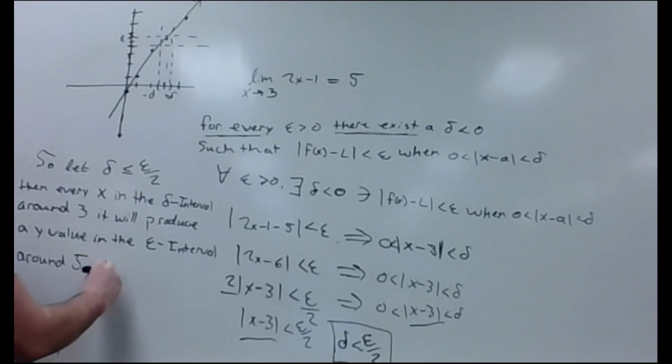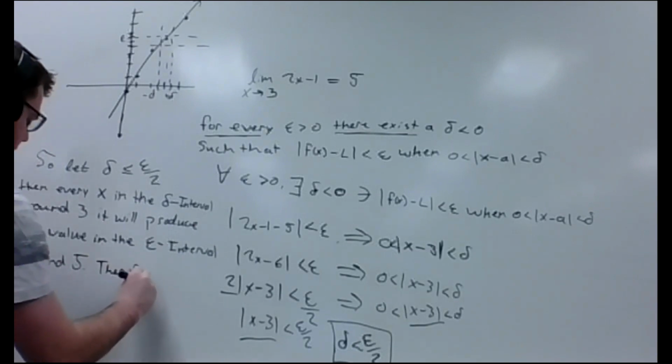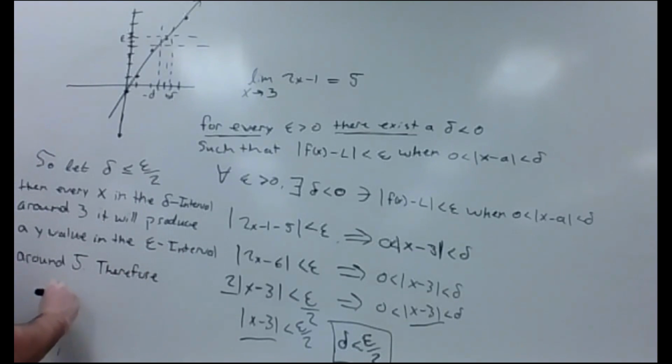And so therefore, the limit as x approaches 3 of 2x minus 1 is equal to 5.